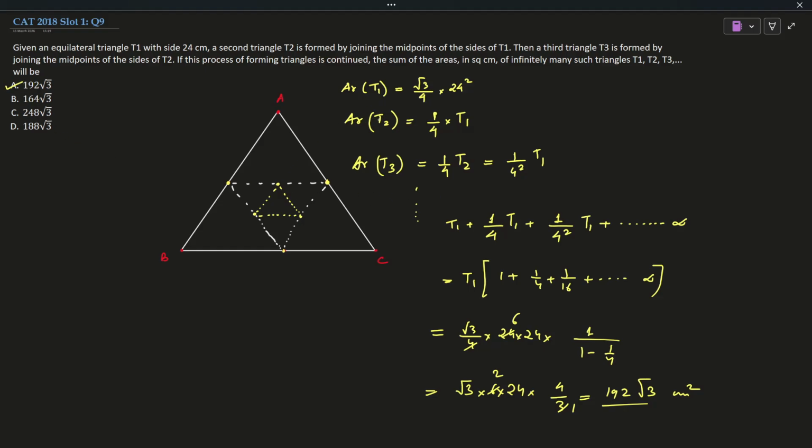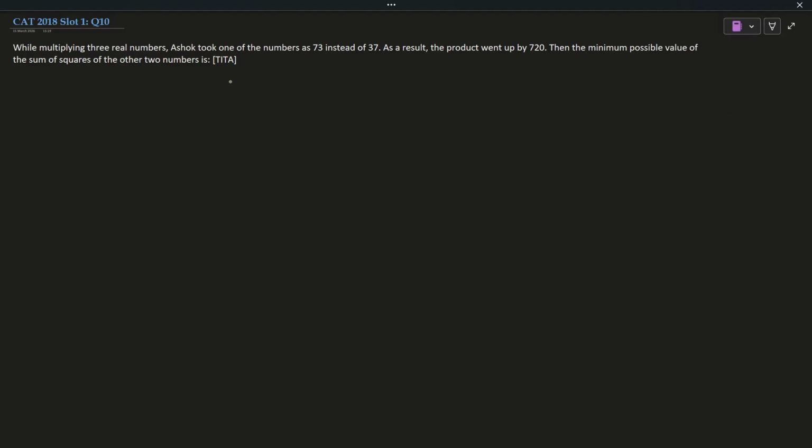Okay, easy question. Let's move on to the next question. While multiplying three real numbers, let's say x, y, z belong to real numbers. Ashok took one of the numbers as 73 instead of 37. That means originally x should be 37, but x new is 73.